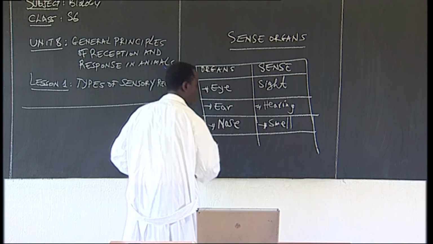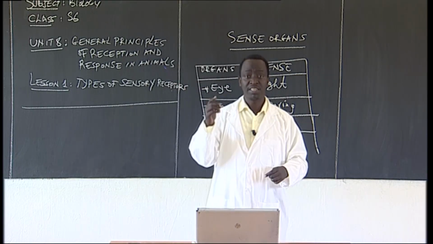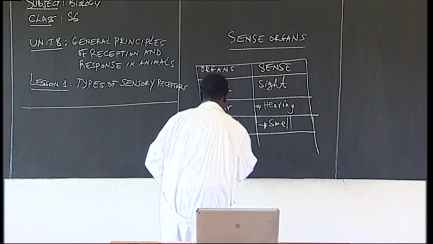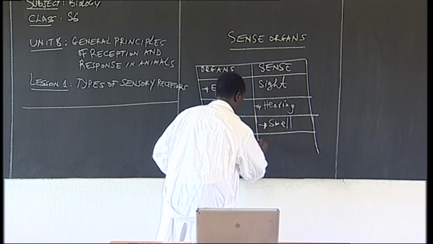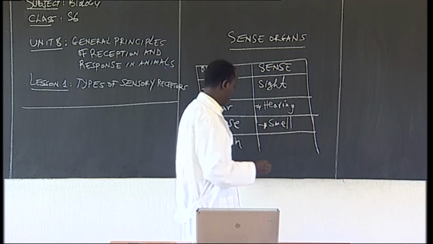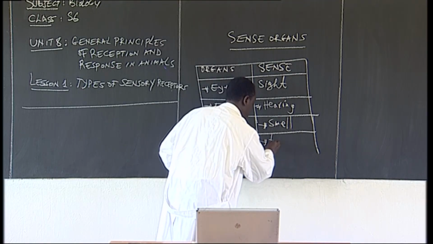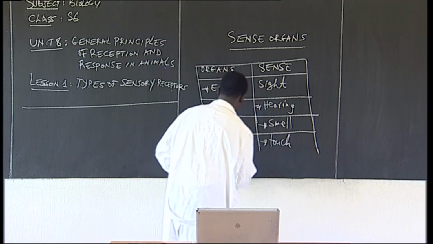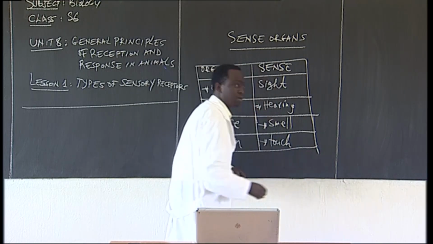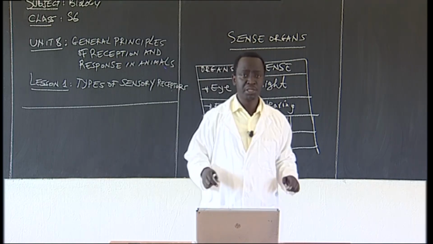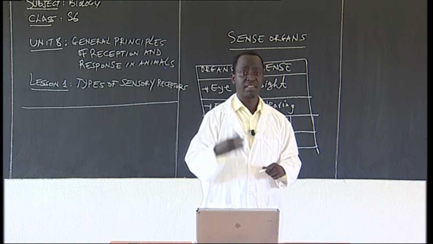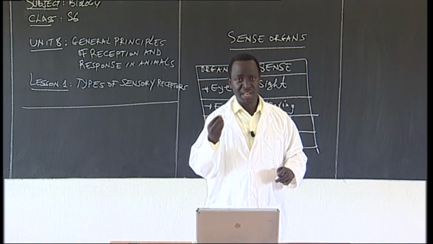Another sense organ is skin. What does skin sense? Skin is for touch. Touch means if something is touching your body, you can sense and detect that.